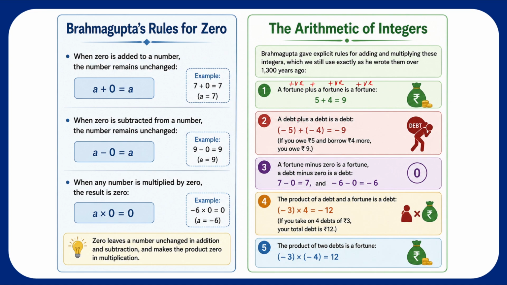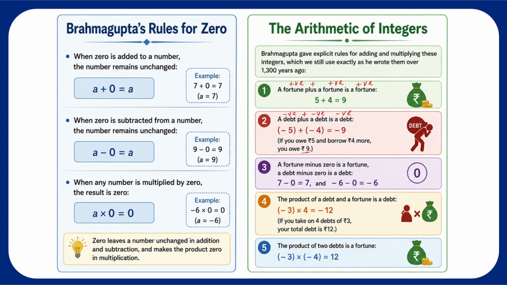Here, debt means a negative integer. So a negative integer plus a negative integer would give you a negative integer. Like in this example, 5 negatives and 4 negatives make 9 negatives. If you owe somebody 5 rupees and borrow 4 more rupees, together you owe 9 rupees, right? So we add the numbers and we copy their sign.